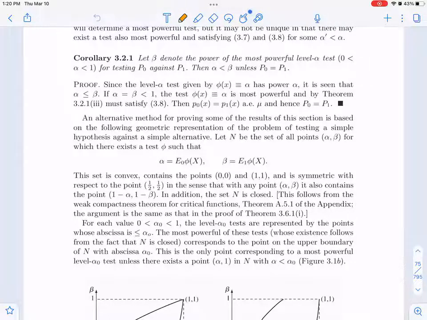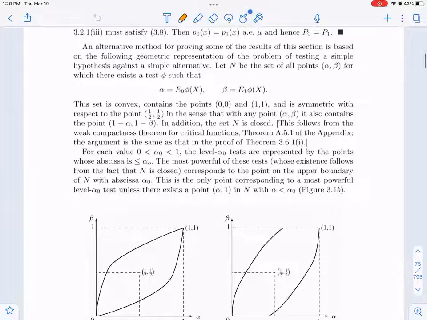But what I want to talk to you about is this geometric idea. Suppose you have a test phi. If you look at the size and the power, alpha and beta, for one test I get one alpha and one beta, and I can plot it in the alpha beta plane.